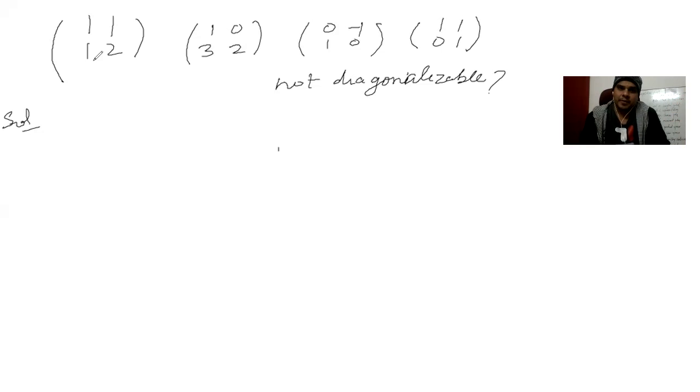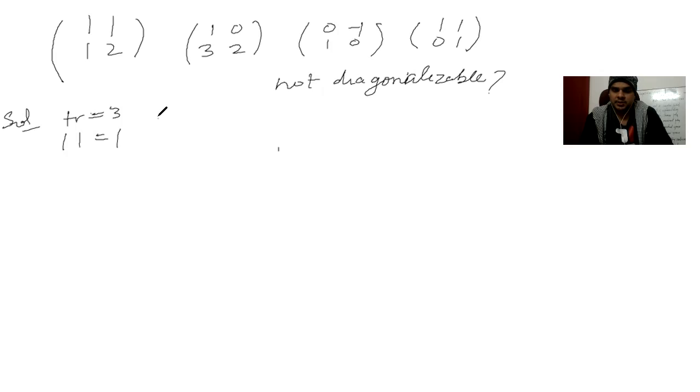Here the trace of the matrix is 3 and the determinant is 1. So what are the possibilities? We have two eigenvalues in the first case, the sum is 3 and the product is 1, so definitely we have two eigenvalues which are distinct.